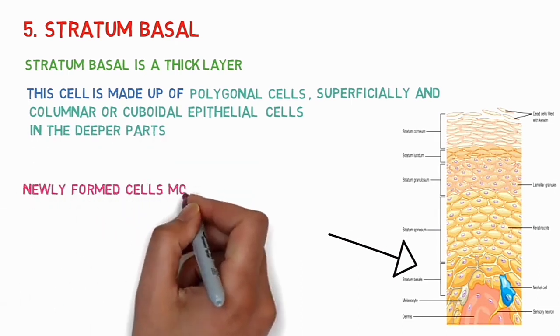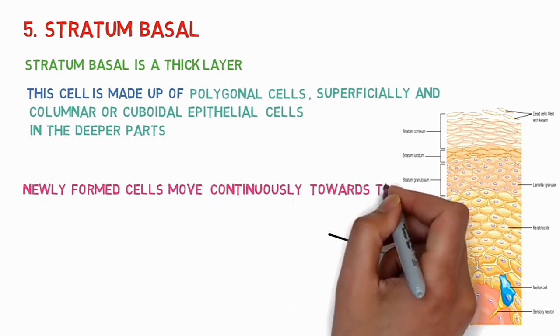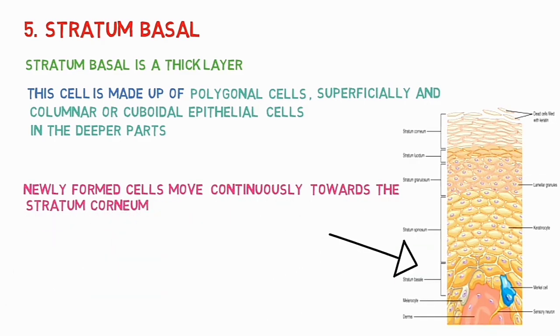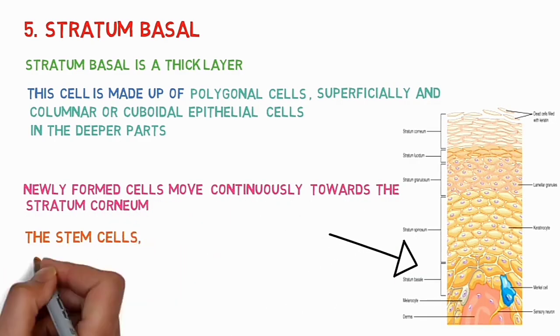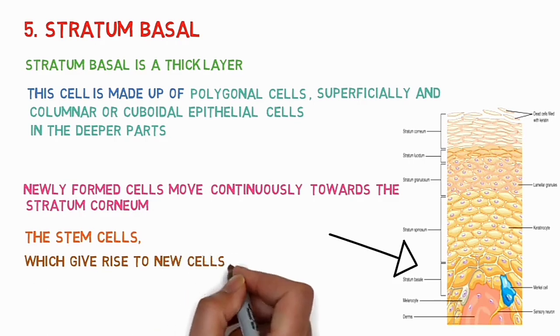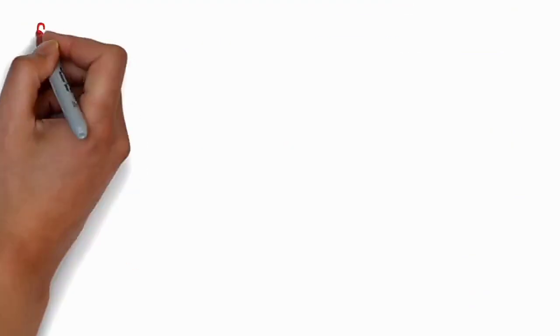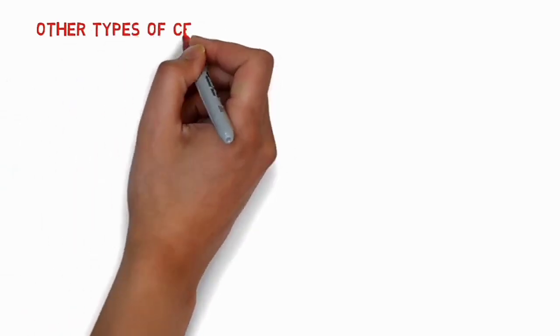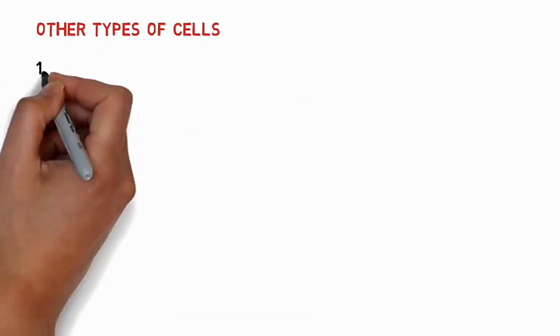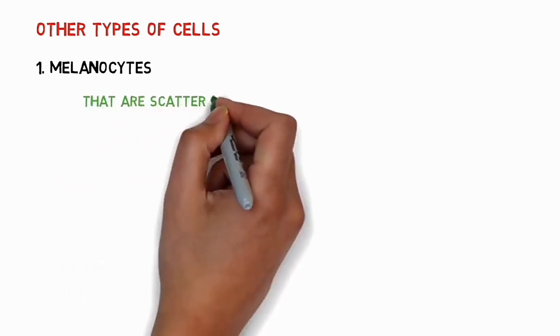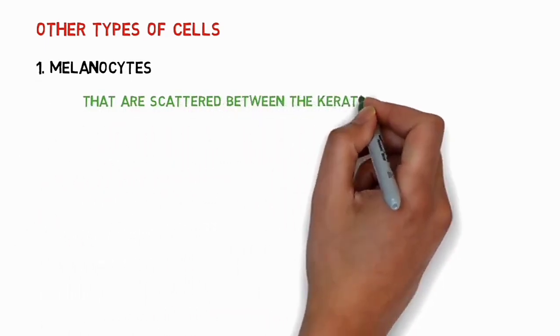Newly formed cells move continuously toward the stratum corneum. The stem cells which give rise to new cells are known as keratinocytes. Other types of cells that are present in stratum basal are, first, melanocytes that are scattered between the keratinocytes.